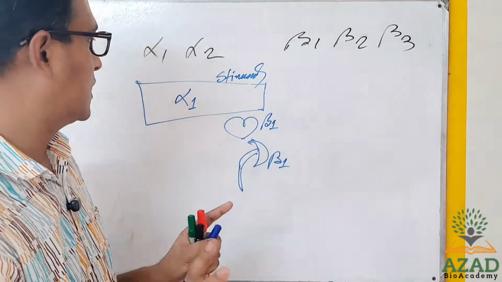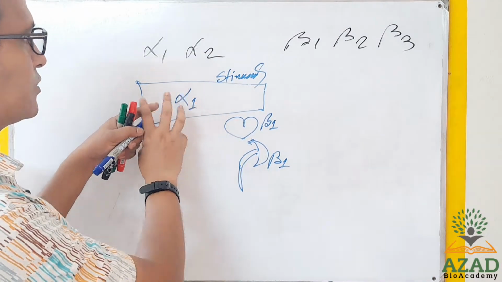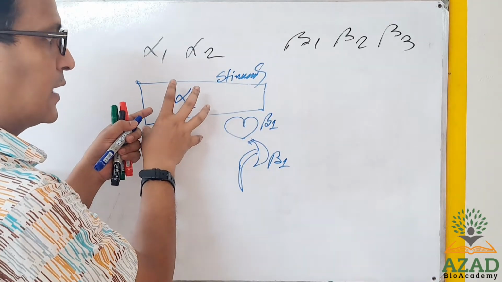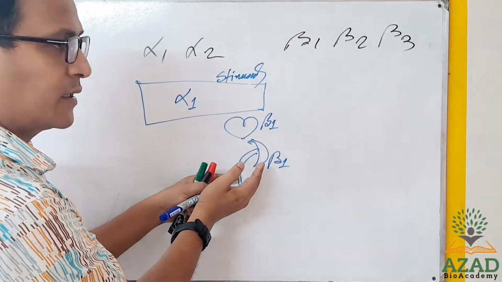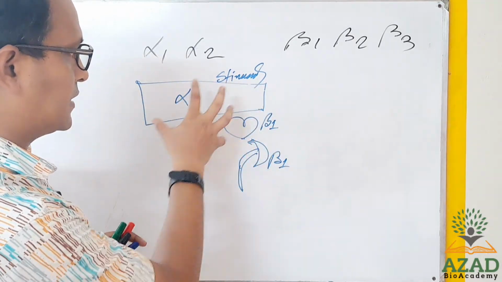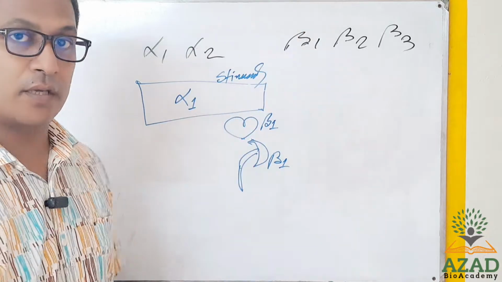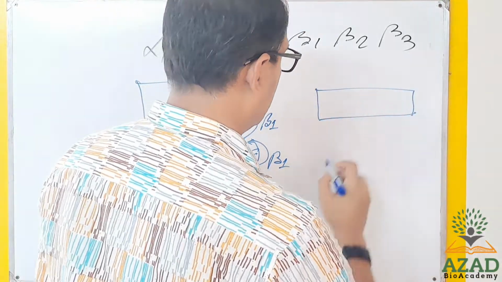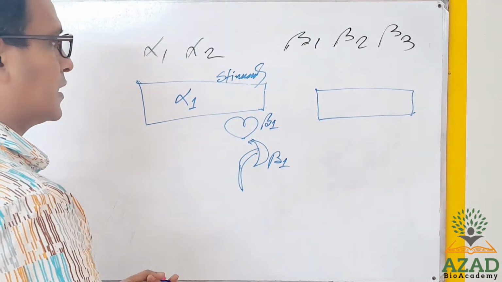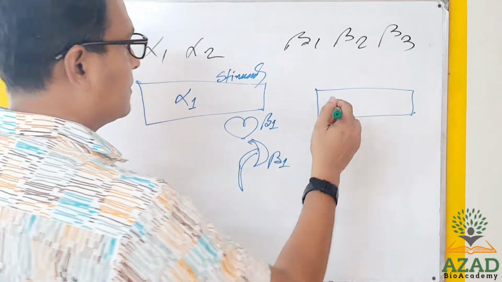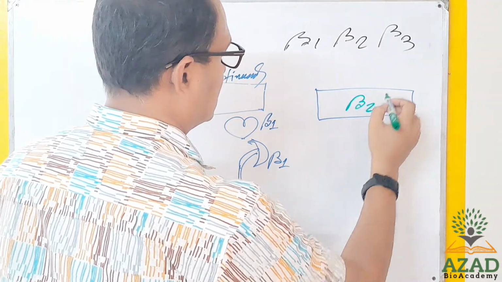Alpha 1 is present throughout the body as the prime receptor, with some exceptions, heart and kidney. So beta 1 and alpha 1 are actually responsible for stimulation. Okay, and if you think about inhibitory, then you can consider beta 2 as inhibitory.